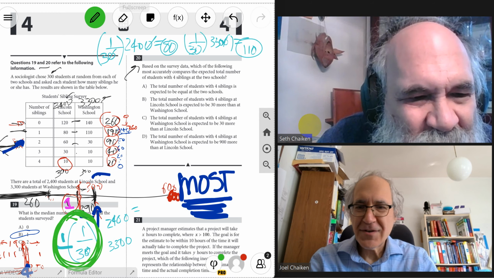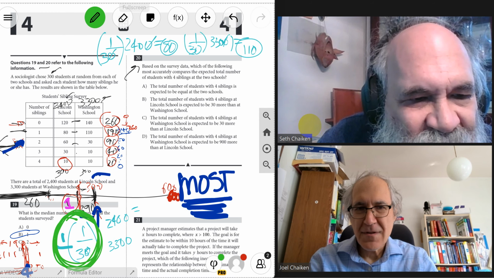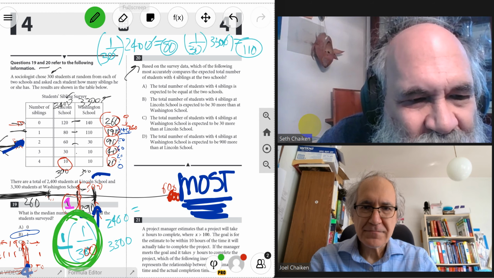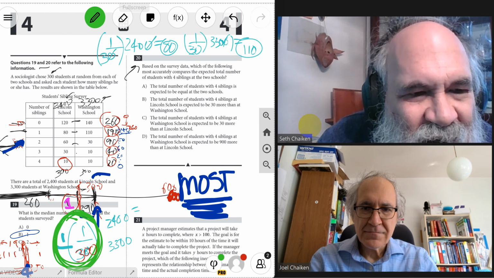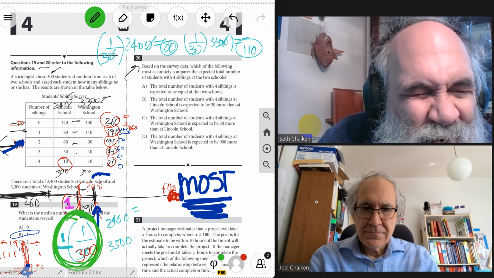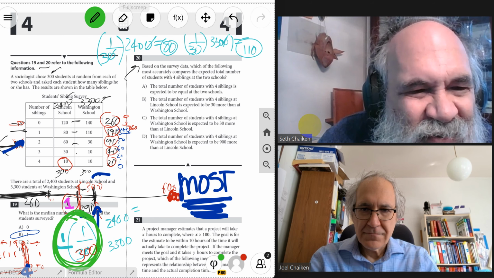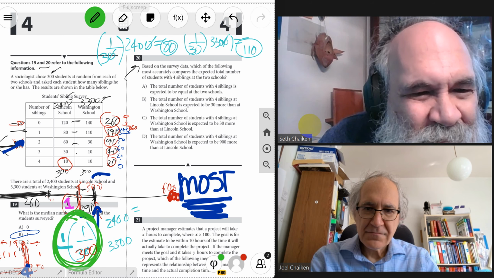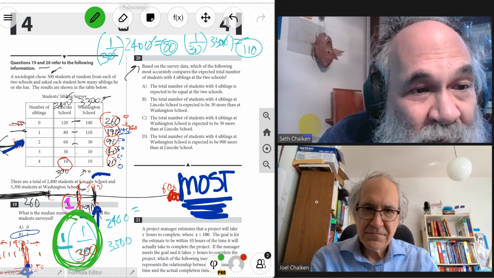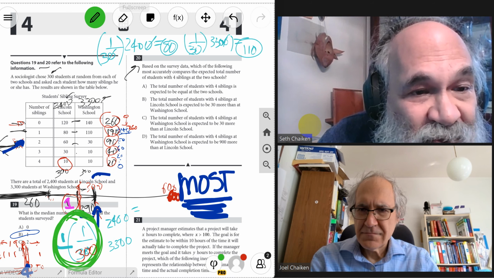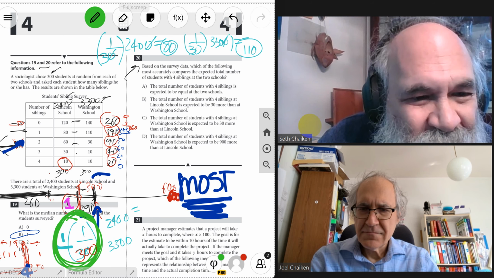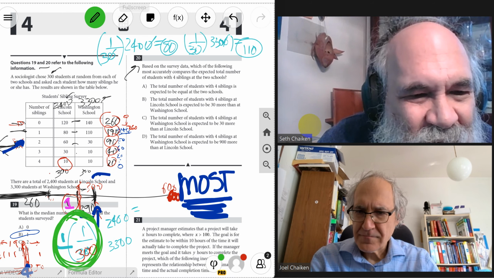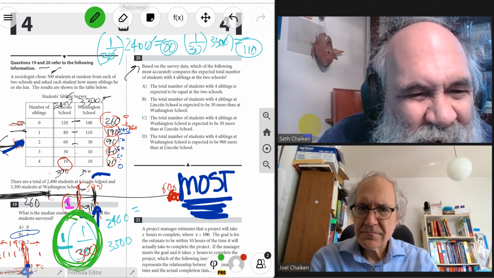So 10 over 300 is the probability, the frequency, and we're going to use this frequency as the overall probability of having 4 siblings if you're in Lincoln. To get the expected number, we multiply that by 2,400, which is the total number in Lincoln.